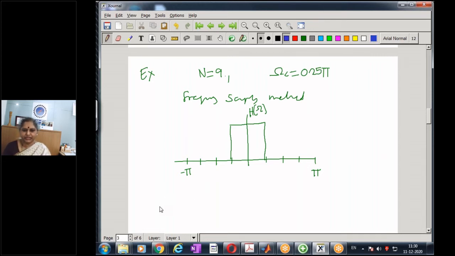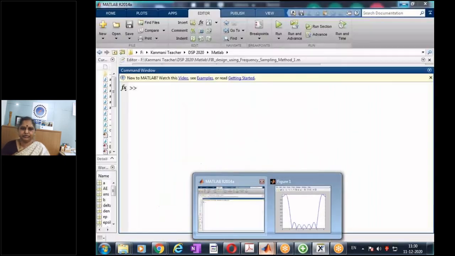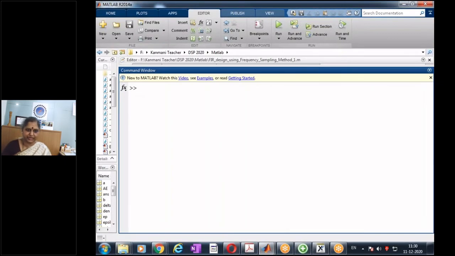For that we need to consider what is our omega s, or what is our resolution of omega. So let's try to compute the samples. Now my N is 9, and so my m goes from minus 4 to plus 4.